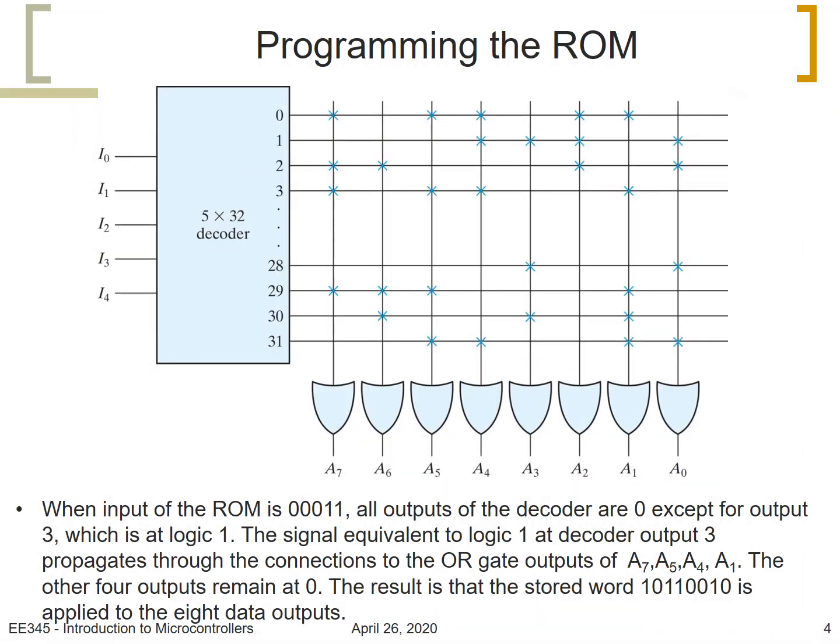So this is the hardware. If we look now, the example that we took is a 5 by 32 memory, which means a 5 by 32 decoder, which means it has 5 inputs, I4, I3, I2, I1, I0, and it will have 32 outputs, one output for each word.